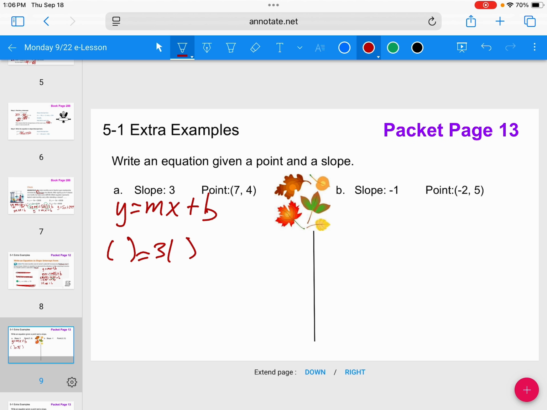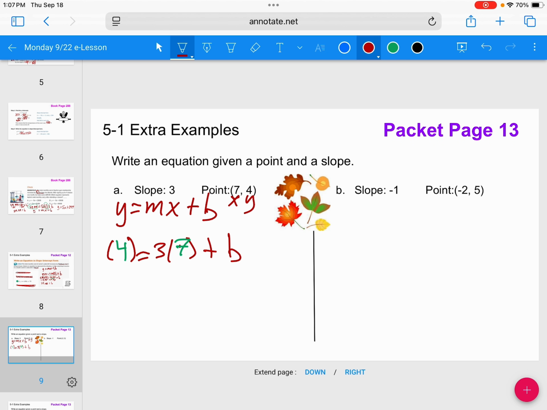So I'm going to take my point, my x value of 7, because it's x, y, of course, and I'm going to insert 7, and I'm going to insert 4 for my y value.